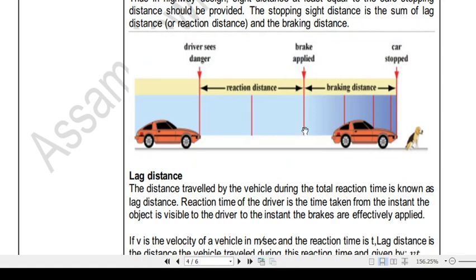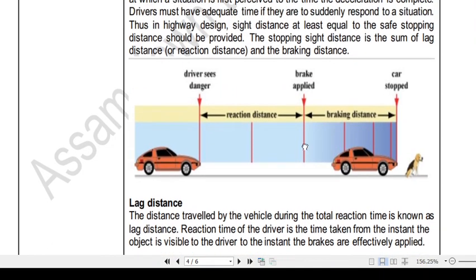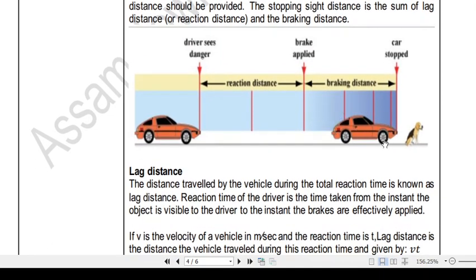Now think of this situation. The vehicle was running with a speed of v meters per second. After this place, the brake was applied, so the deceleration of the vehicle started. Initially the speed was v, and after the application of the brake and after some distance, the final speed of the vehicle would be 0.